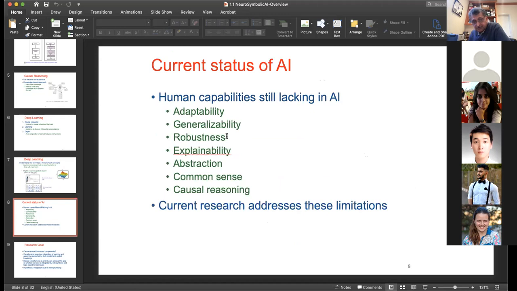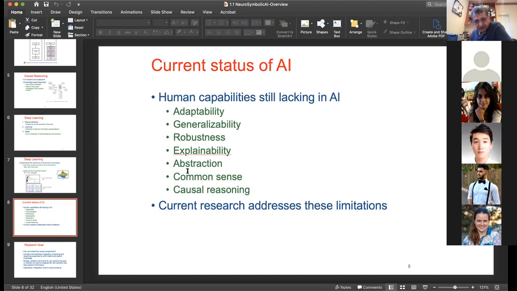Robustness, not completely going off the mark. Explainability: can you tell why you said 173 is a fizz or a buzz? Instead of saying that's based on the hidden values being this and this, it's simply saying was it divisible by 3 or 5? Abstraction, can you simplify?